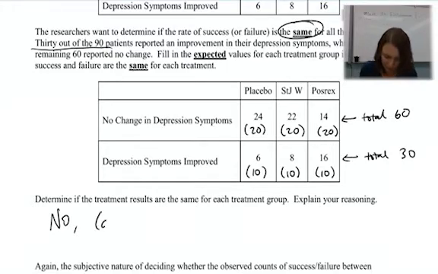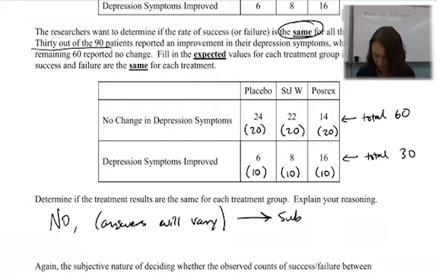But the problem is answers will vary. This is subjective. If you're just looking at the numbers and trying to decide, you're basing it off of your opinion with your own inherent biases.